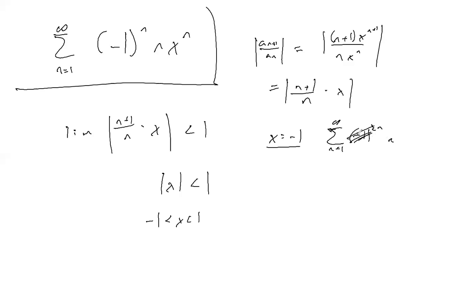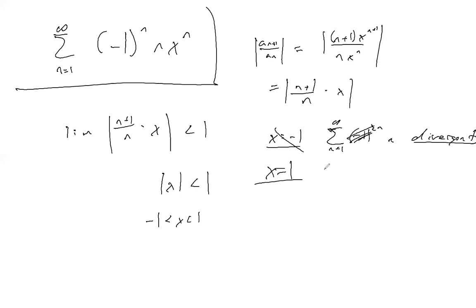So really our series is just the sum of n. Is this series convergent or divergent? It's divergent. So we don't want to include x equals -1.